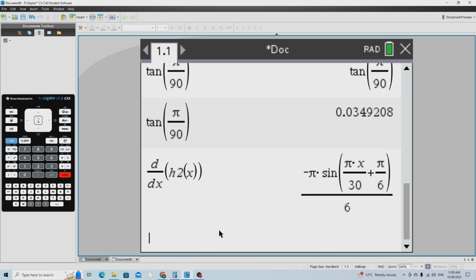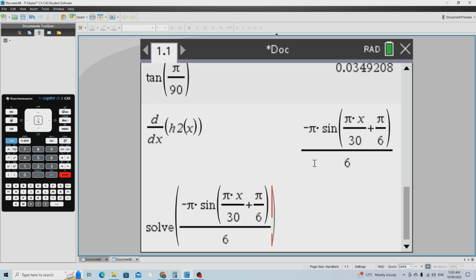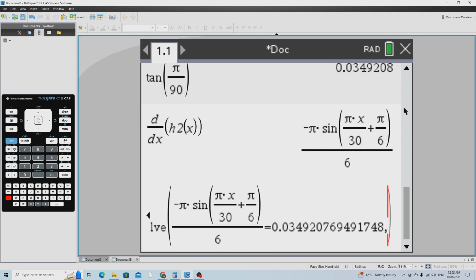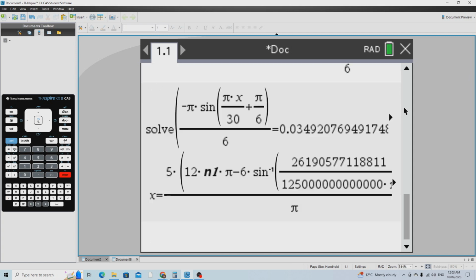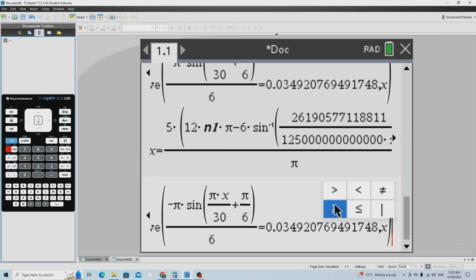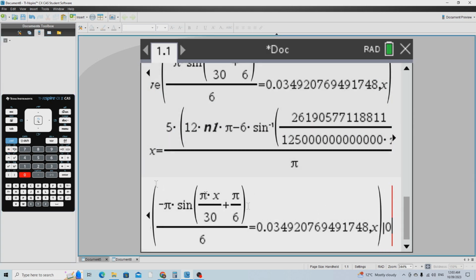So we want to solve this equal to this value, comma x. Oh yeah, we want to be careful. We want to give a domain, so we're going to say from 0 to 110.